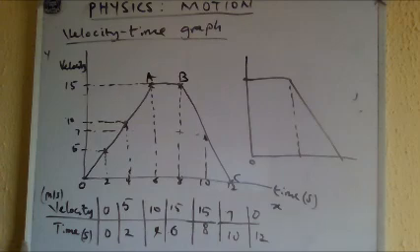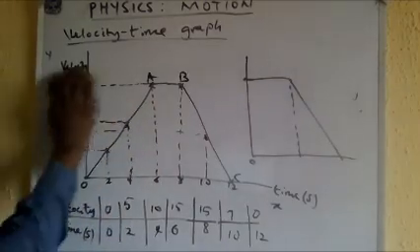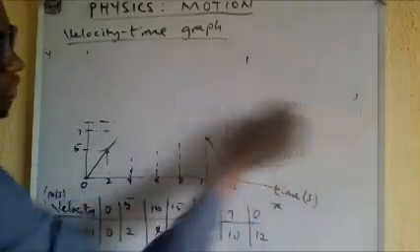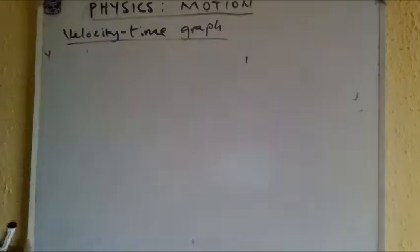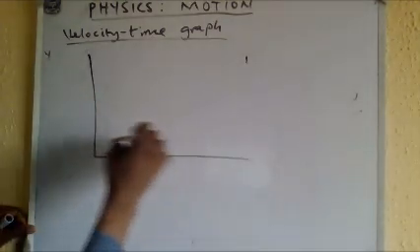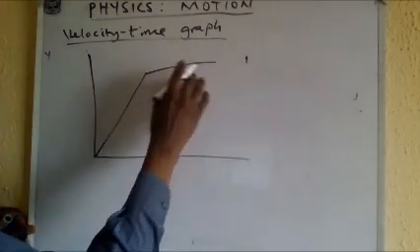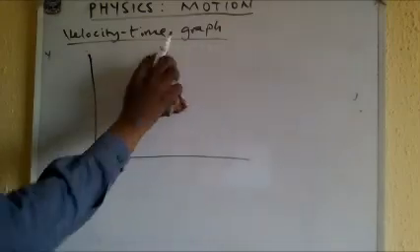So acceleration is actually the slope. Let me erase this and make it without all these values on it, so that I can just define some key terms. We all know how it was gotten, but let me draw it without the figures.